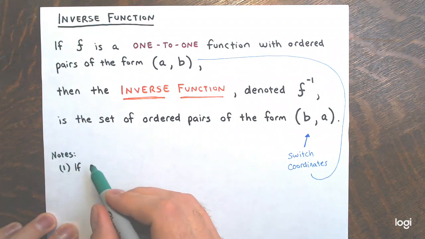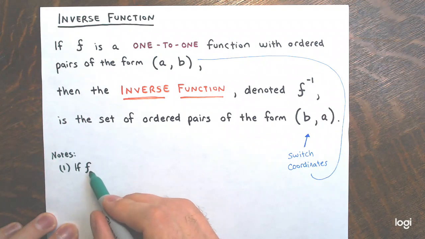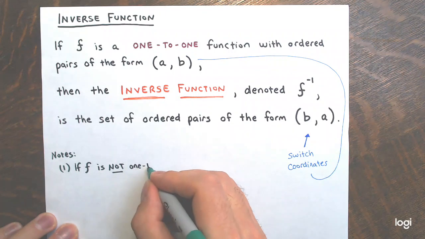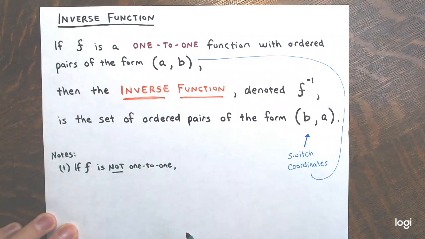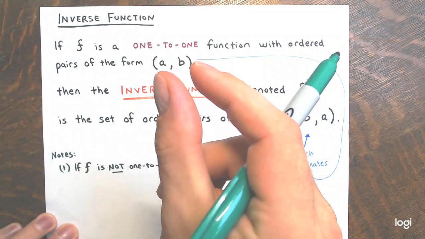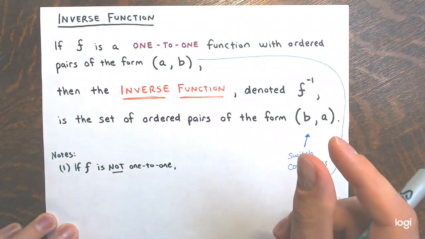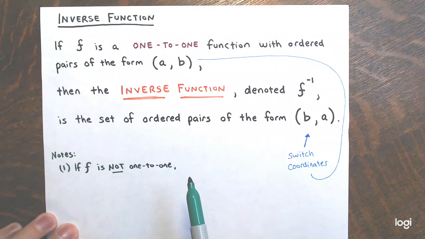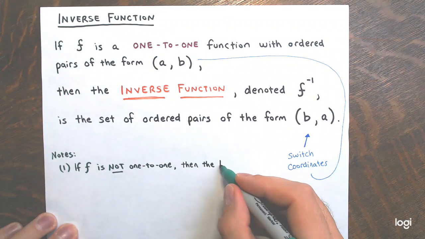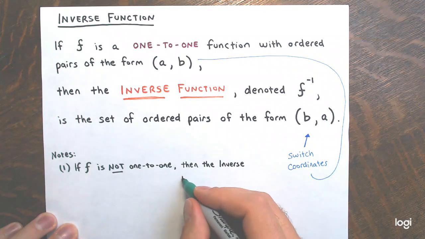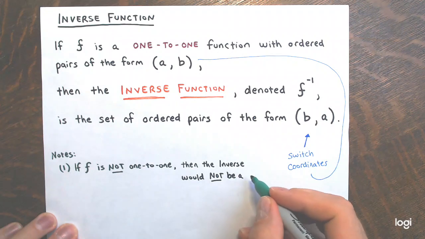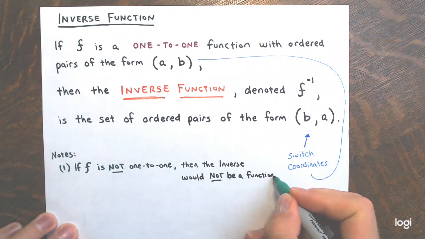If a function f is not one-to-one, then if I took every ordered pair from f and switched all the coordinates around to get the inverse, it would not be a function. So that's why the one-to-one words come up.